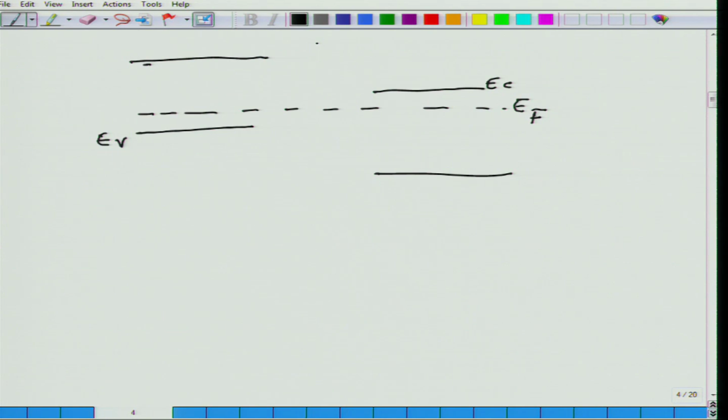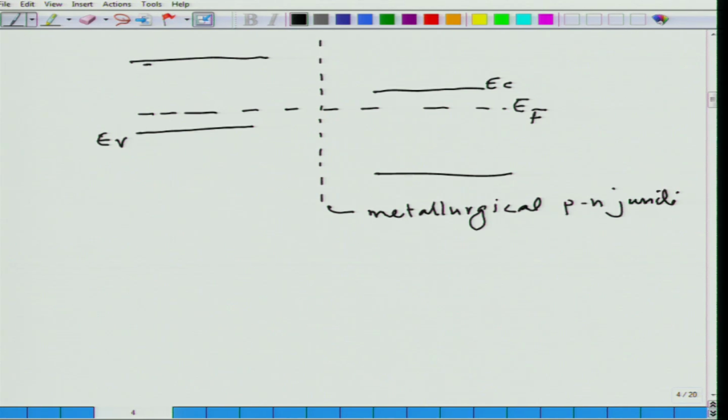Now, what is happening here is this is the metallurgical junction. Far away from the junction, this material stays as n type, and far away from the junction, this stays as p type. What does n type mean?